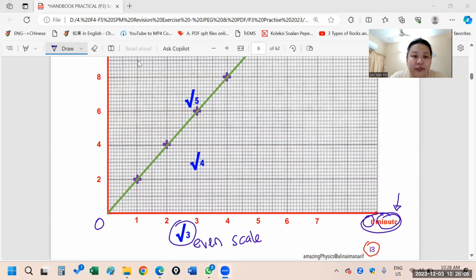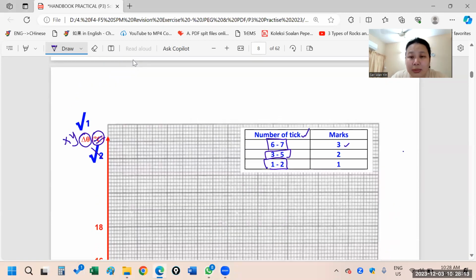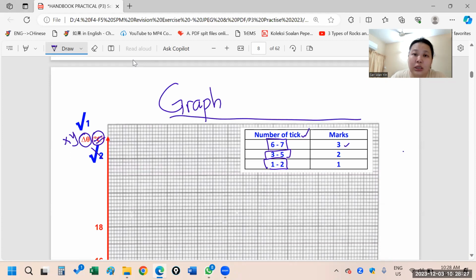Do we need to write MV against RV on the graph? Actually, it's RV against MV. Normally they would write for you lah. But yeah, the graph title is actually not counted in marks, but it is a proper procedure. Graph of delta theta against time is y against x.